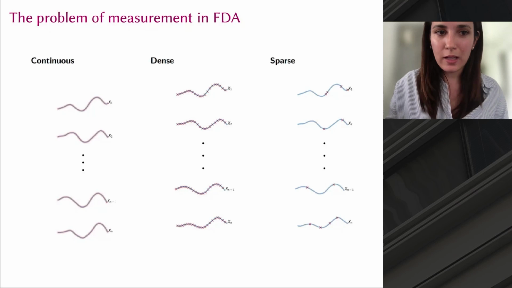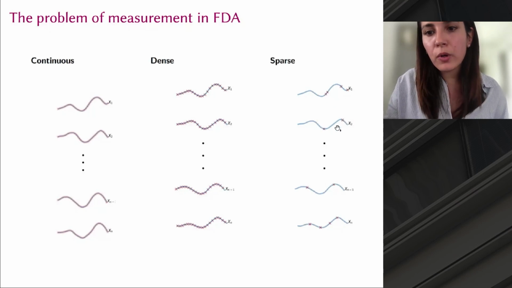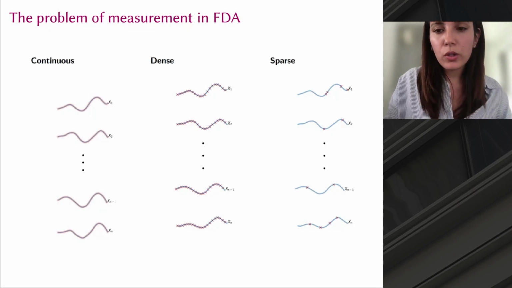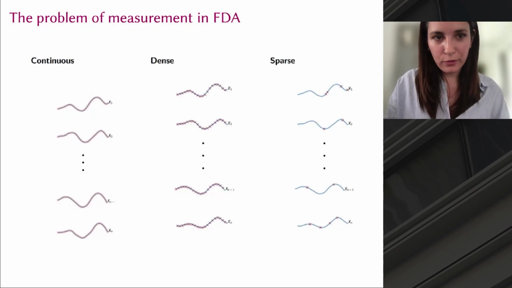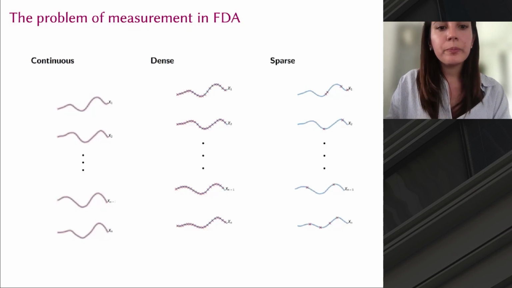Maybe the grid is irregular and it is different from curve to curve, and this is also sparse. So you have very few locations. In this case, you cannot really use the standard FDA techniques, so you have to work in a different way.